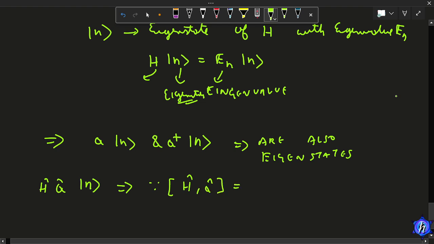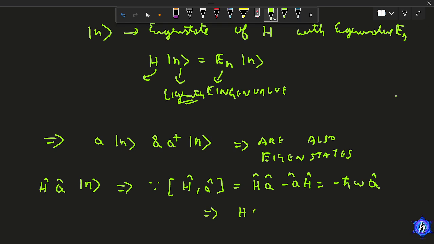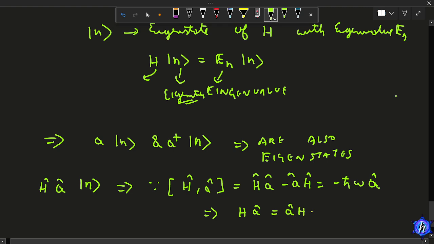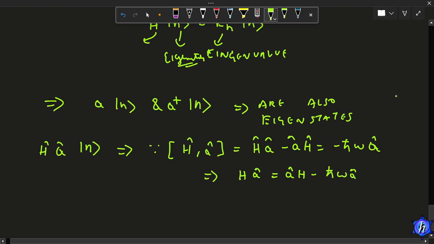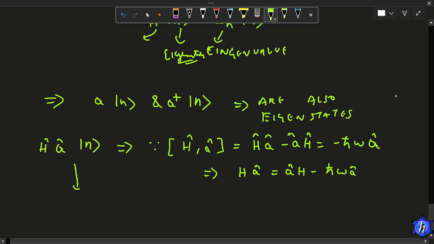We calculated this from our fun exercise: HA − AH is equal to −ħωA. I can rewrite this again as A(H − ħω).